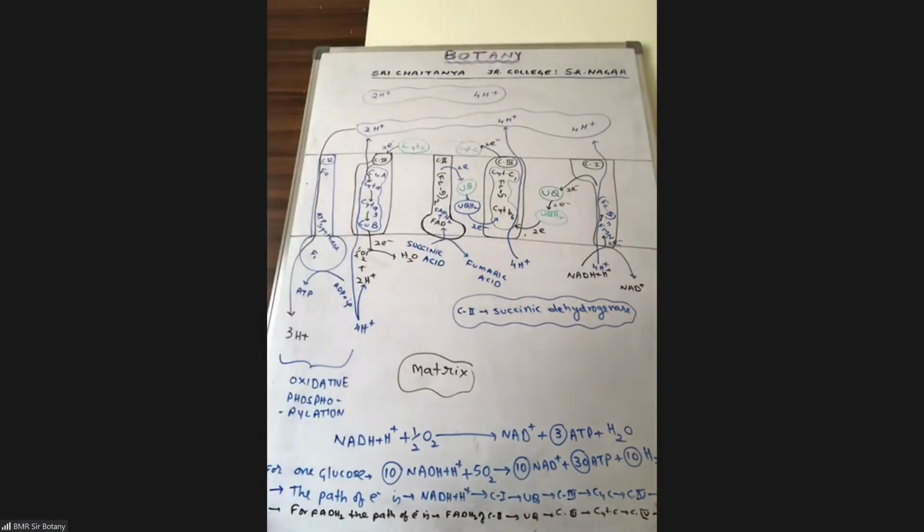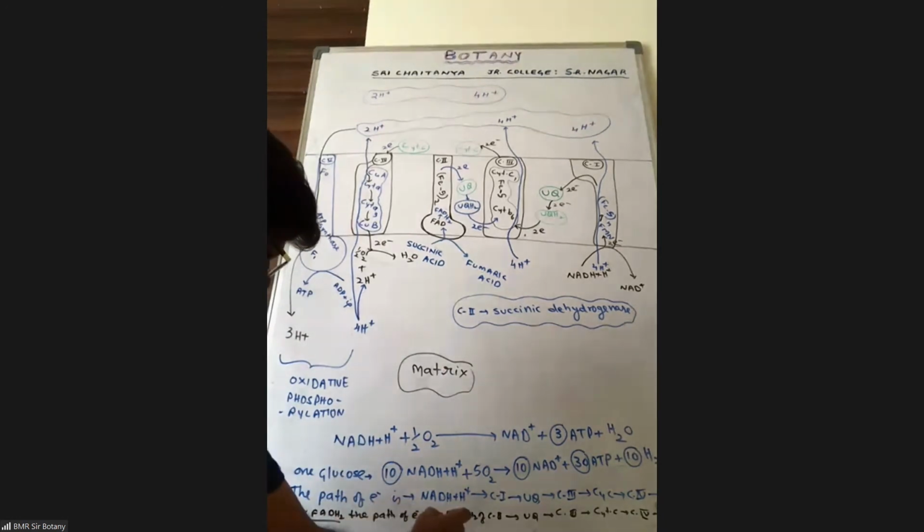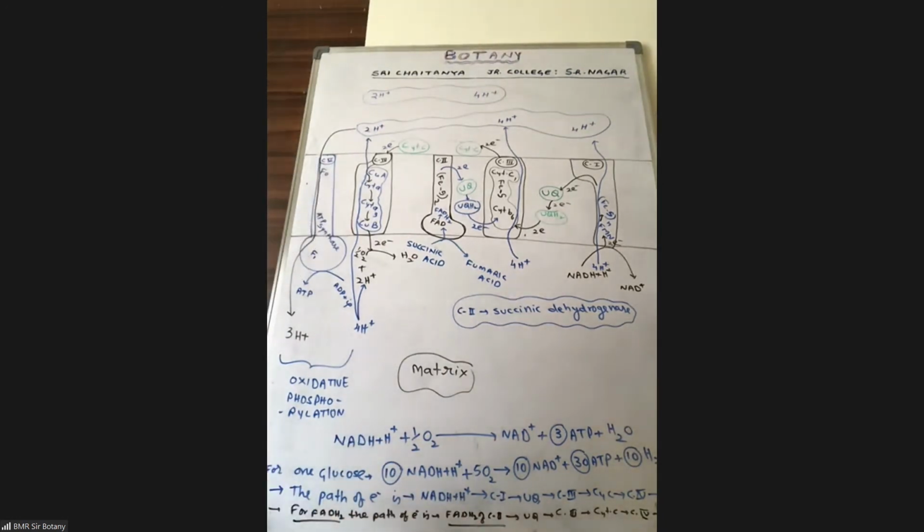So for FADH2, what you have not seen is complex 1. For NADH, what you have not seen is complex 2. So if it is FADH2, how many protons accumulate in the intermembrane space? 6 protons.